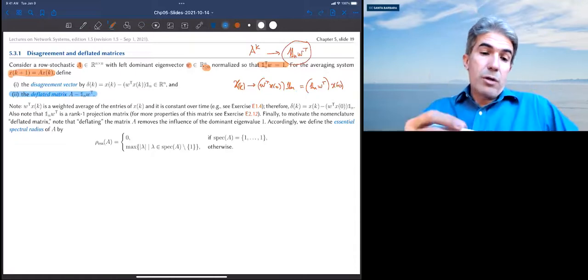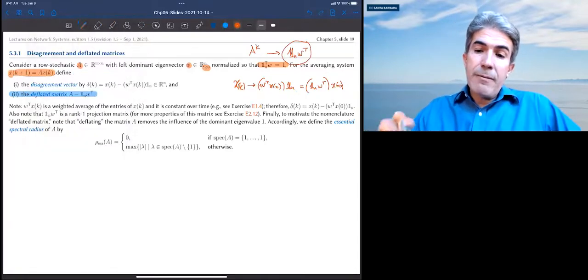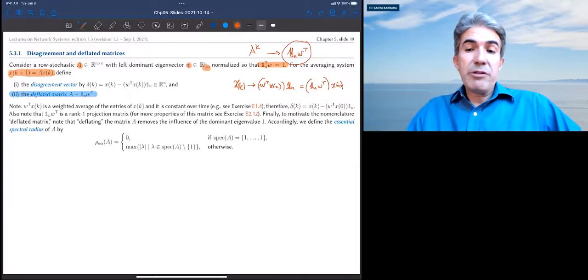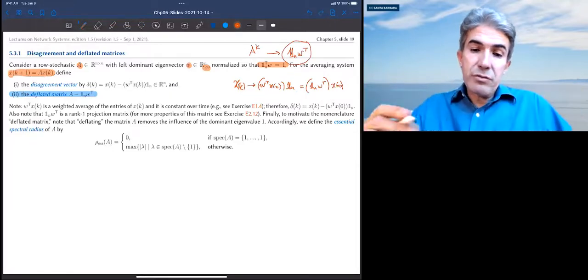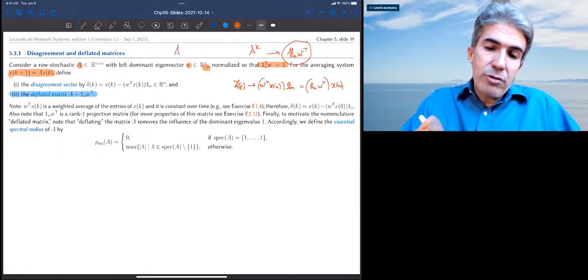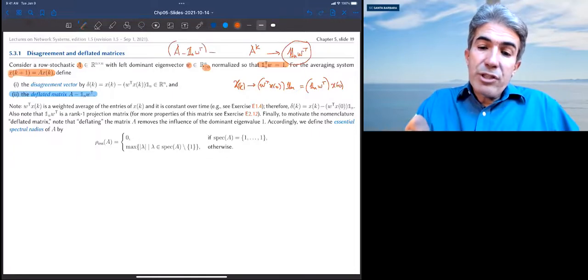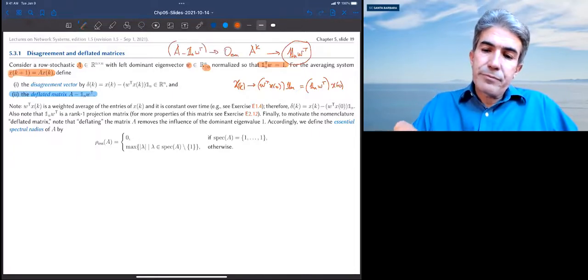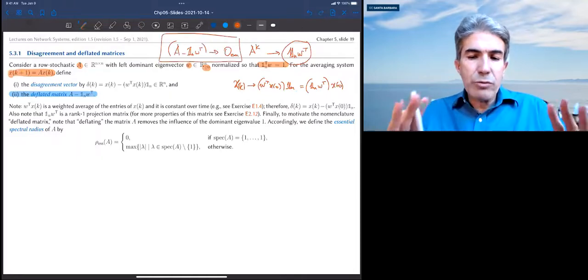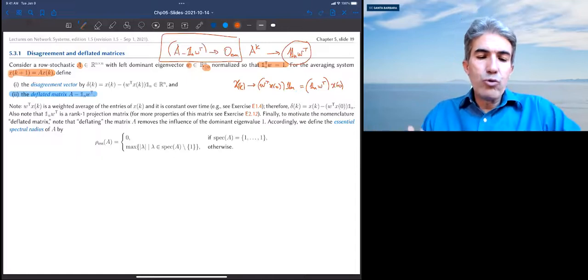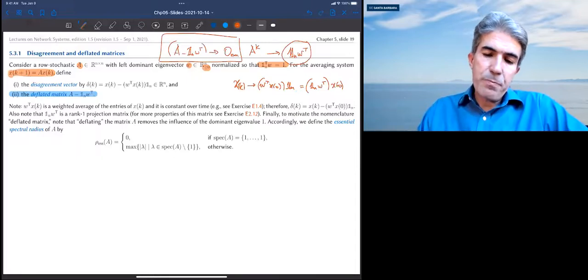The reasoning is that if you subtract the limit from A, then maybe under some conditions, and it will turn out to be true, if you take the limit you get 0. You get the matrix of zeros, right? So we'll come to that in a second, but that's the intuition behind why you do this deflation procedure.